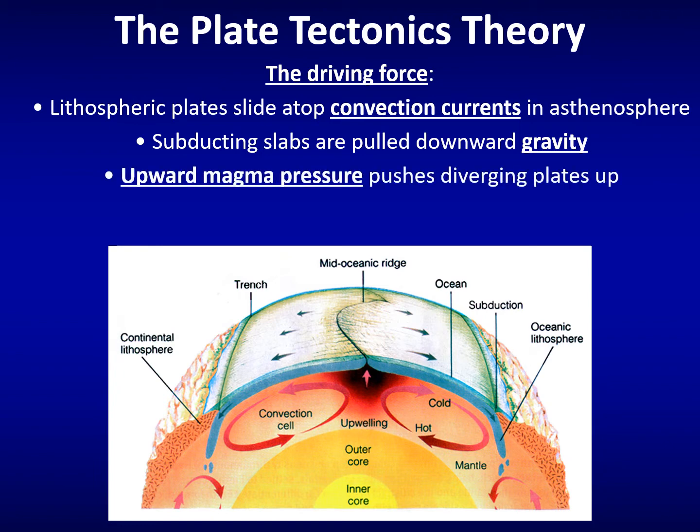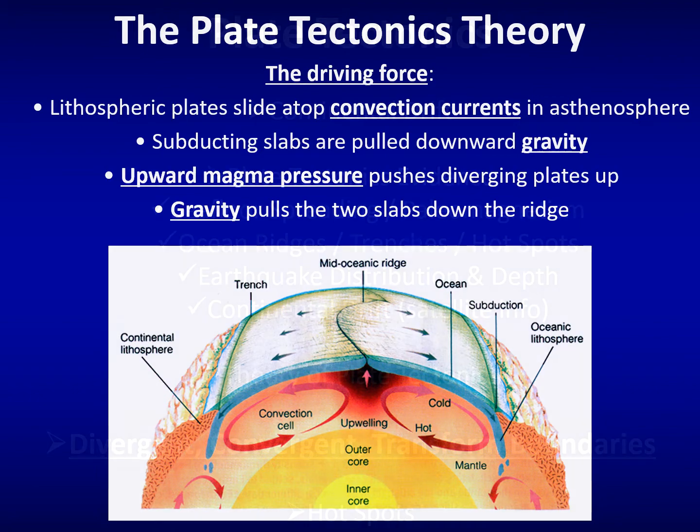There's an enormous amount of upward magma pressure at these spreading centers at the mid-ocean ridges. You see in the center of the picture here. The mid-ocean ridge buckles upward, and then gravity drags it downward, and the two slabs pull apart from one another. This then, in concert, is the driving force for plate tectonics.